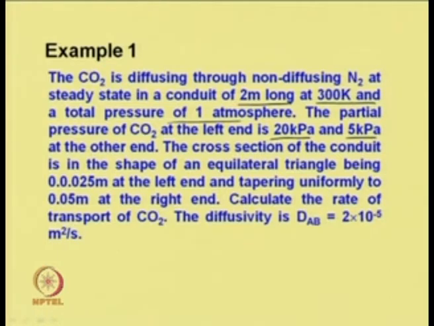The cross section of the conduit is an equilateral triangle of side 0.025 meter at the left end, tapering uniformly to 0.05 meter at the right end. We have to calculate the rate of transport of CO2. The diffusivity of CO2 through nitrogen is given as 2 into 10 to the power minus 5 meter square per second.